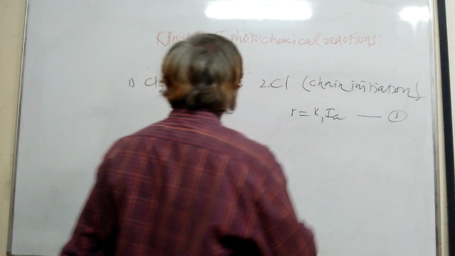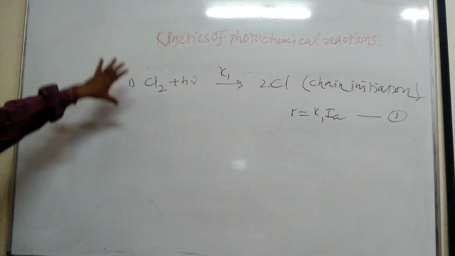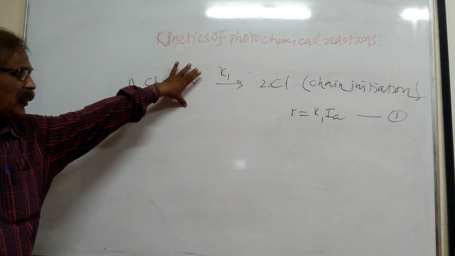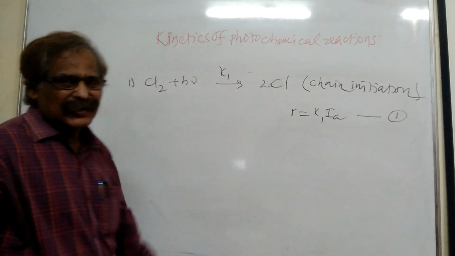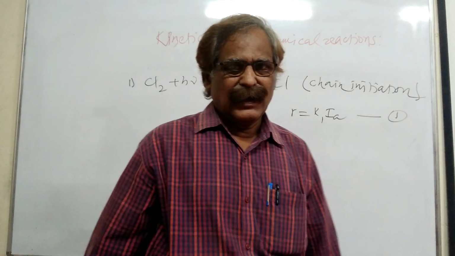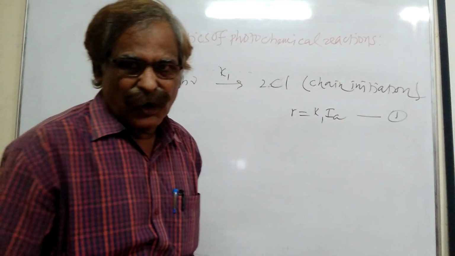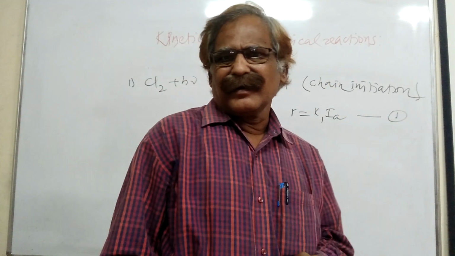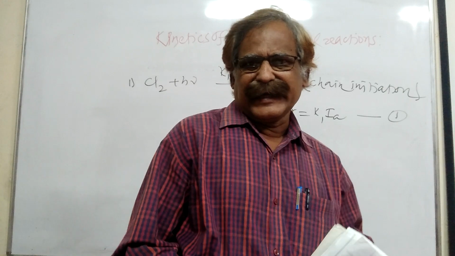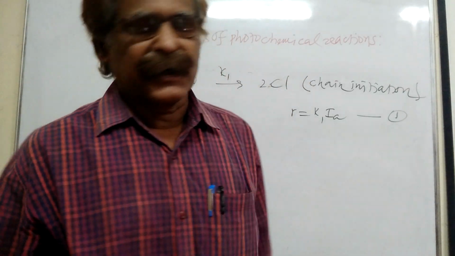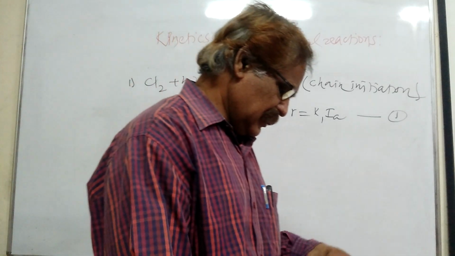Here, when we look at this, we will see that Cl2 absorbs a photon and gives 2 Cl atoms, and these 2 Cl atoms are responsible for the chain reaction taking place between H2 and Cl2 and giving HCl.